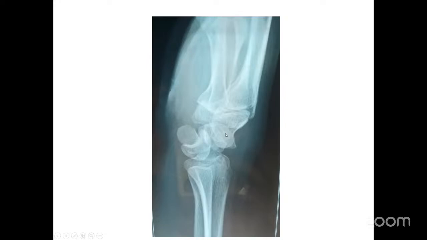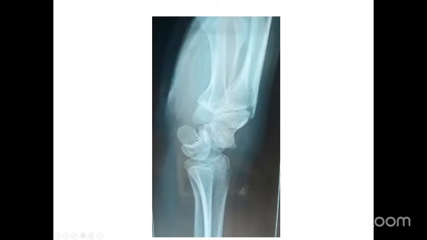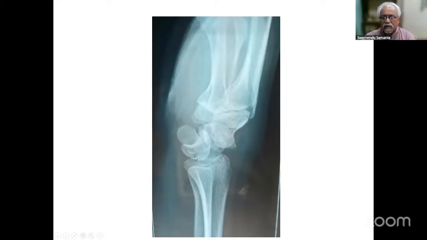Capitate is out. Yes sir, perilunate. Yes. Now probably you can revise. So there are two things that will happen. One is the lunate dislocation, another is the perilunate dislocation. In the lunate dislocation, you will see the spilled cup sign, you know that. And here you see the head of the capitate is completely out from the lunate. So this is a perilunate dislocation.